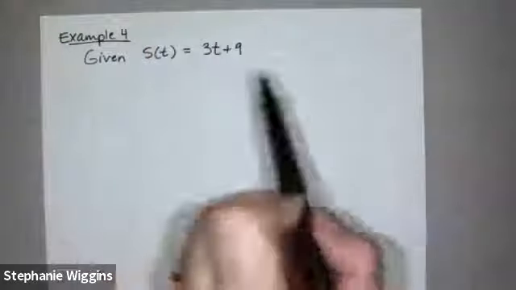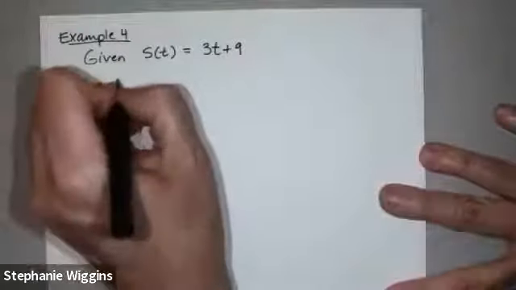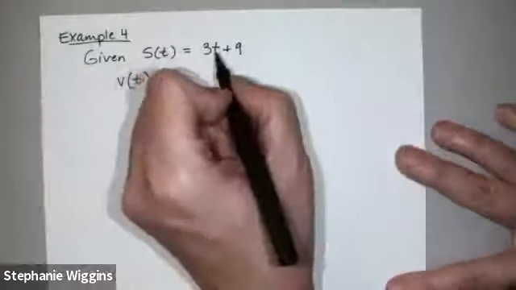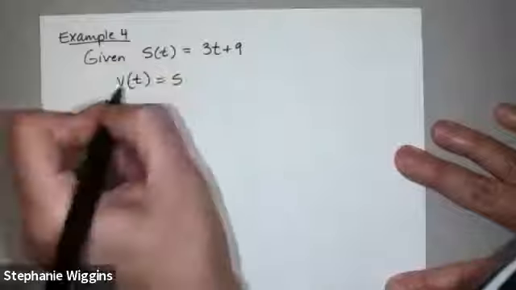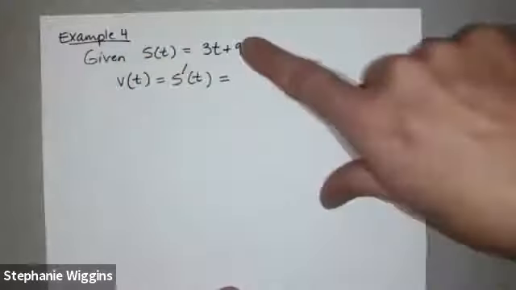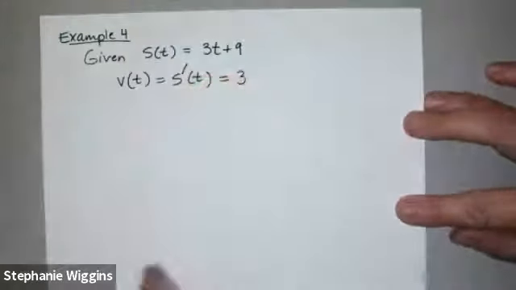Since this is a position, when you want to find the velocity, you take v. It's also a function of t, maybe not, since the derivative is a constant, but the velocity is just the derivative of the position function. And the derivative of this, because it's linear, is just 3.